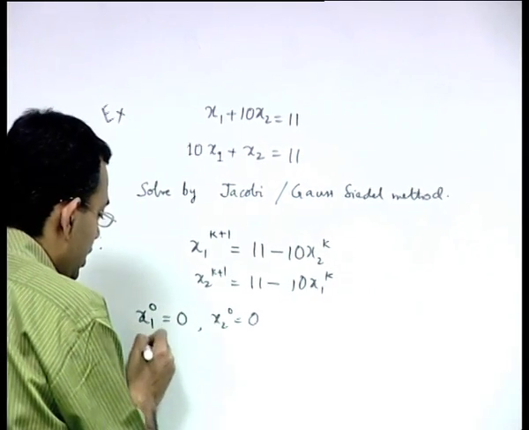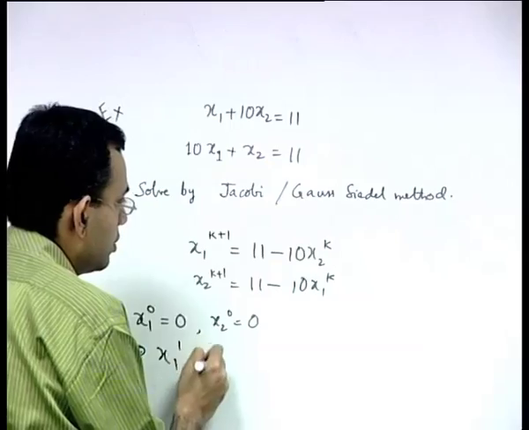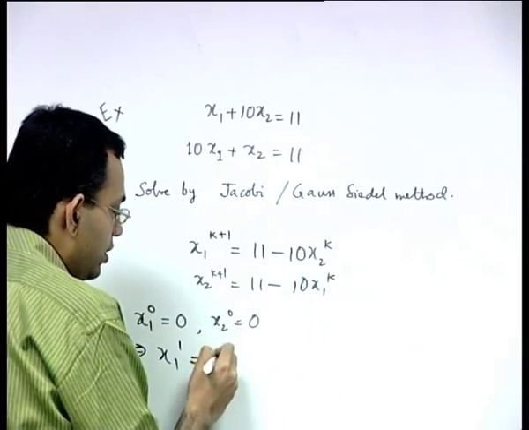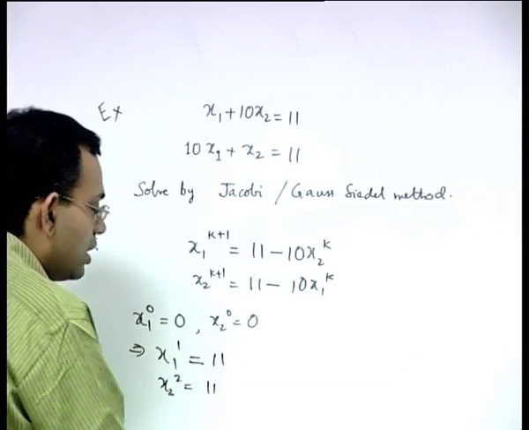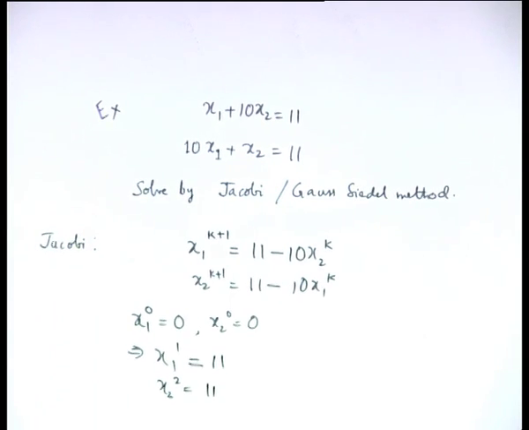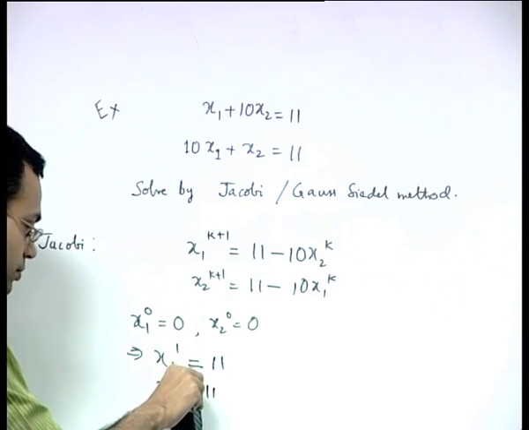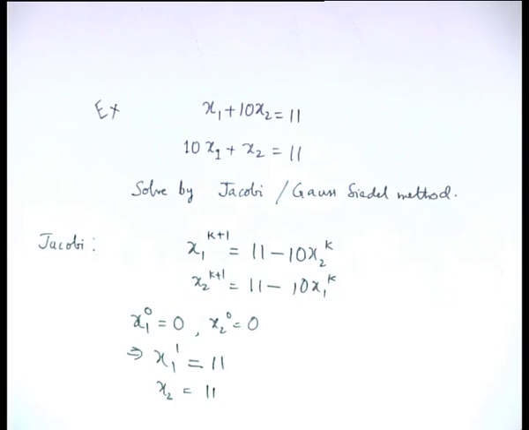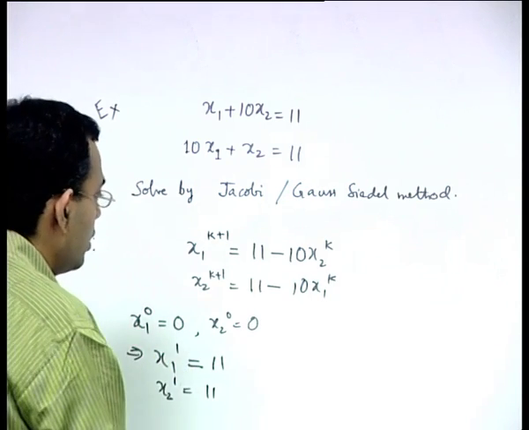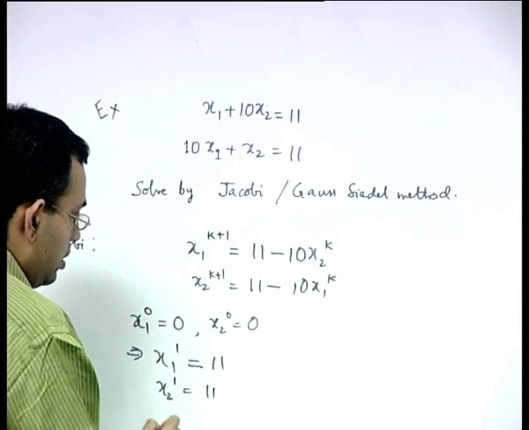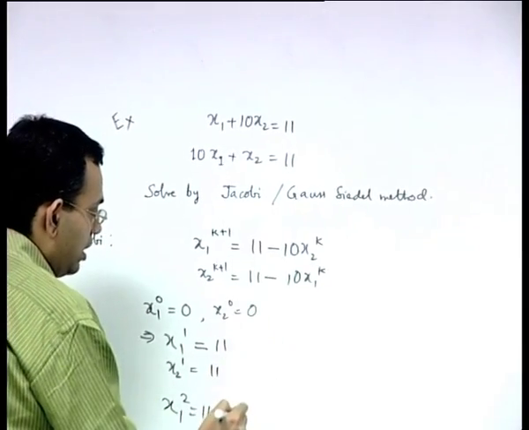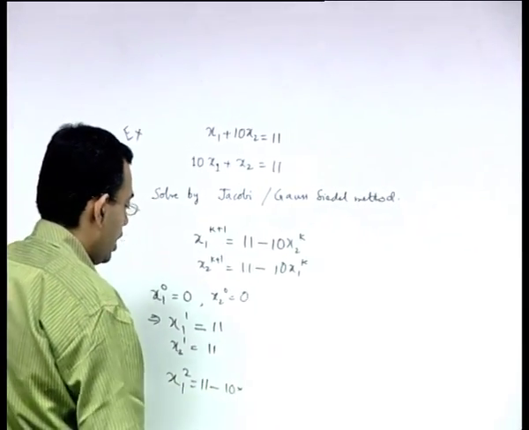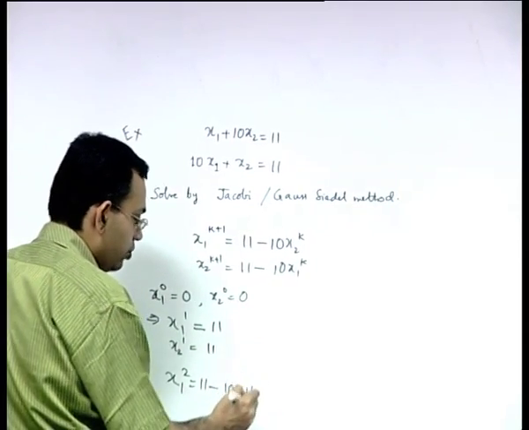So, from here we get x1 1 is equal to 11, x2 1 equal to 11. Then x1 2 is equal to 11 minus 10 into x2 1, 11 minus 10 into 11.